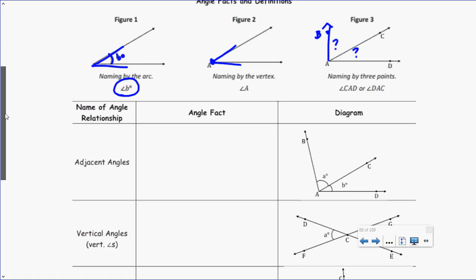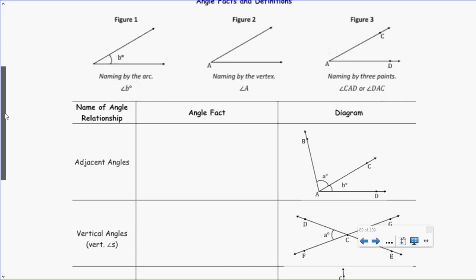If we are talking about this angle right here, we're talking about angle CAD, or you could also call it angle DAC. Those are the three ways to name angles up above here in figures 1, 2, and 3.